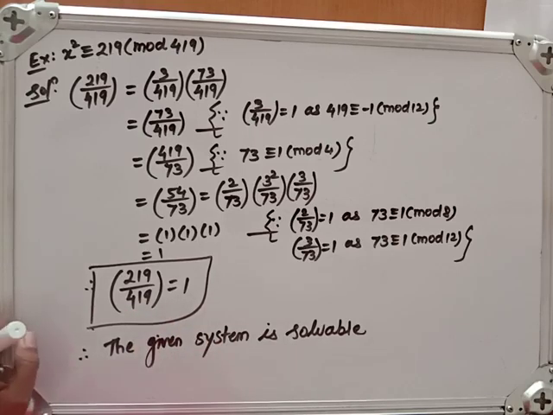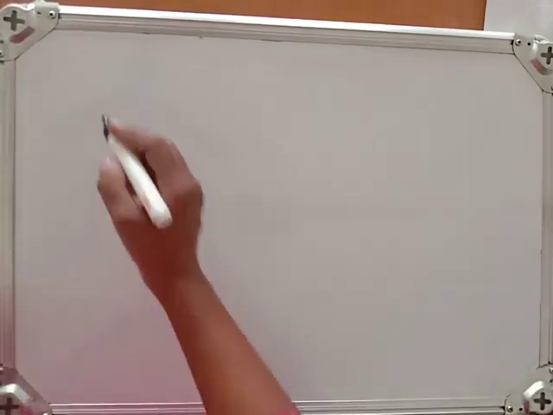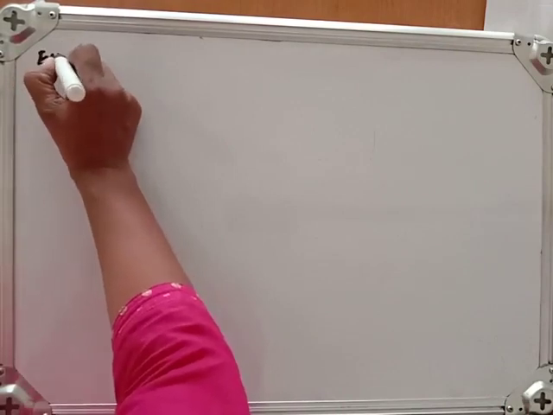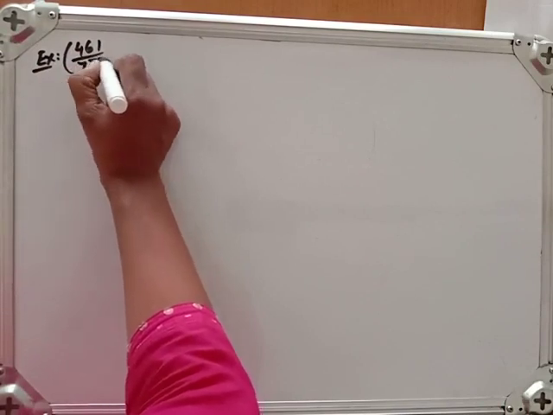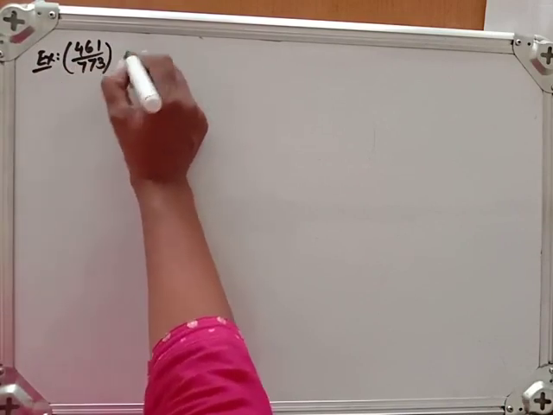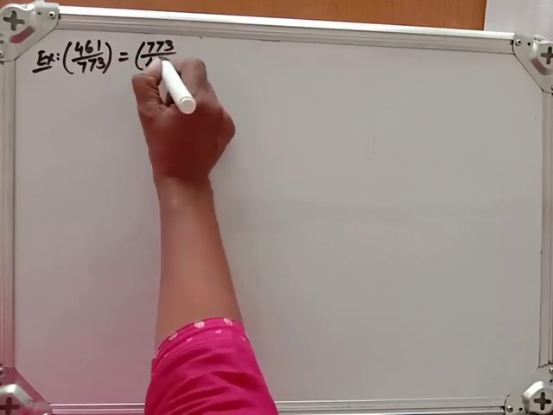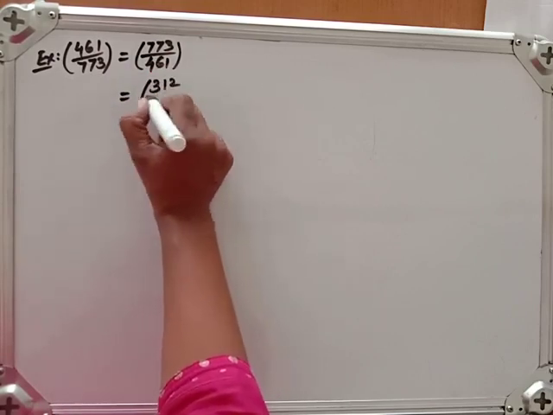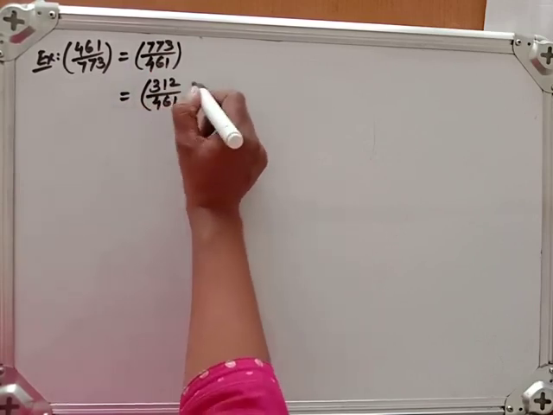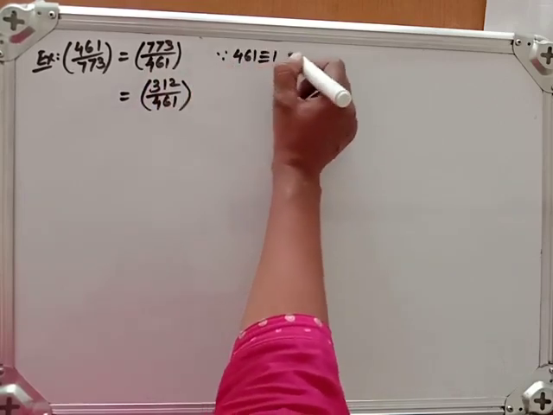Now let's take the next one. Next example. Legendre symbol of 461 upon 773. So this is equivalent to the Legendre symbol of 773 upon 461. That is equivalent to the Legendre symbol of 312 upon 461. We can write this because 461 is congruent to 1 modulo 4.